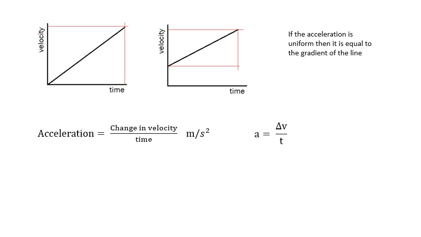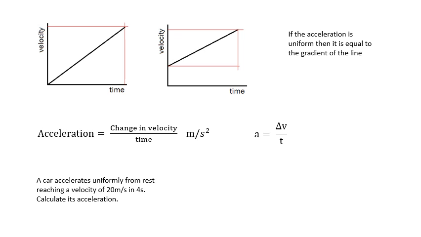Looking at the two graphs here, if you get the gradient, the change in velocity divided by time, whether it starts at the origin or not, or whether it has an initial velocity, it's delta V over t, change in velocity over time. It's how much the velocity changes every second. So meters per second per second, which is meters per second squared.